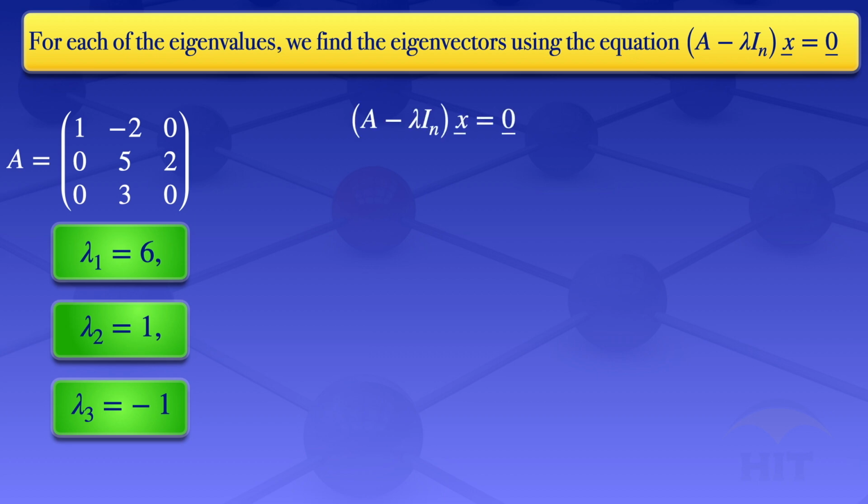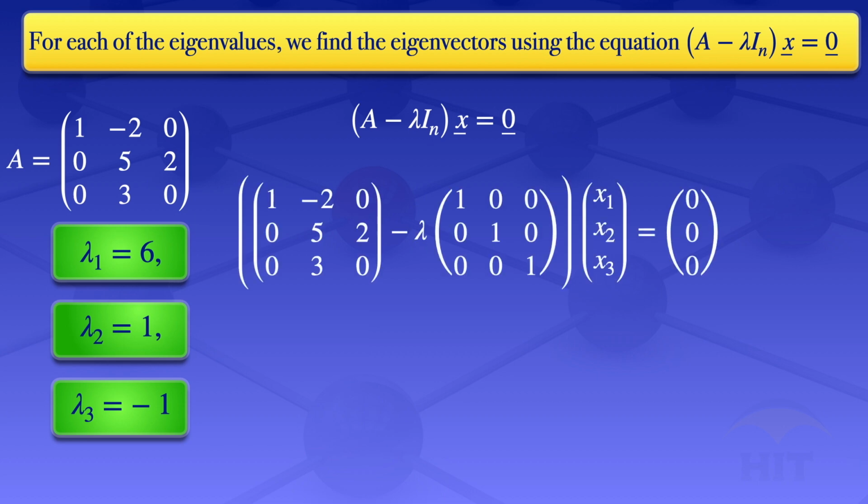Substitute the matrix A, the 3 by 3 matrix, then put the lambda. The identity matrix is the 3 by 3 identity matrix. Our vector x is a column vector with 3 components, x1, x2, x3. Then the right hand side is the 0 vector with 3 components, 0, 0, 0.